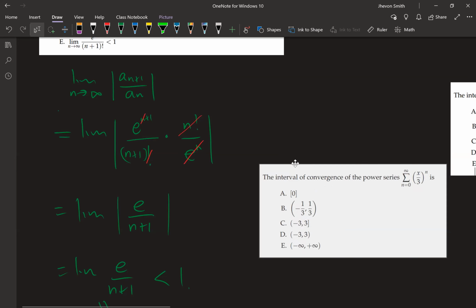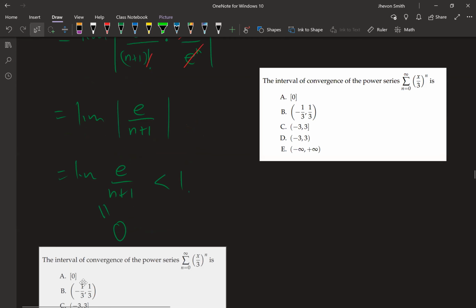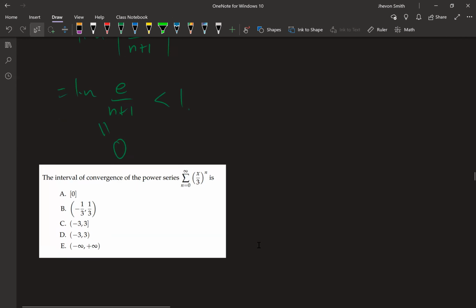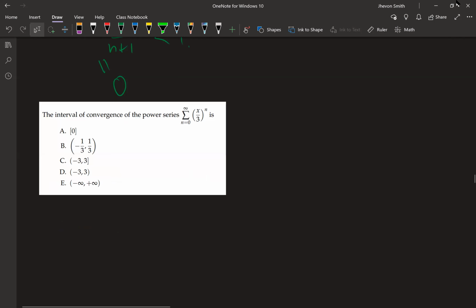Okay, let's look at this one. Interval of convergence. Now, in general, these problems can take a while.